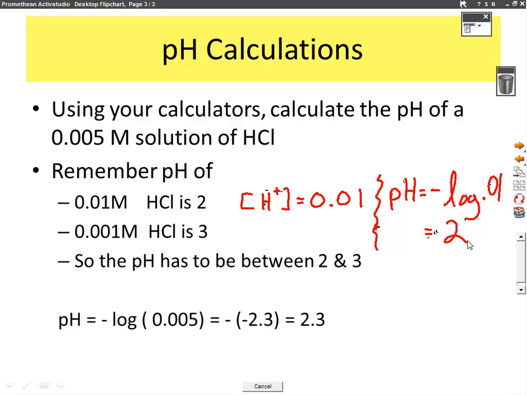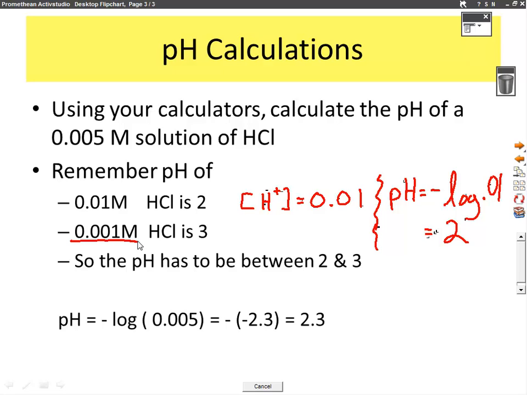What I want everyone to do right now is take the negative log of 0.001. Just like I said, type in negative log. This is an example: negative log of 0.01 is equal to 2.